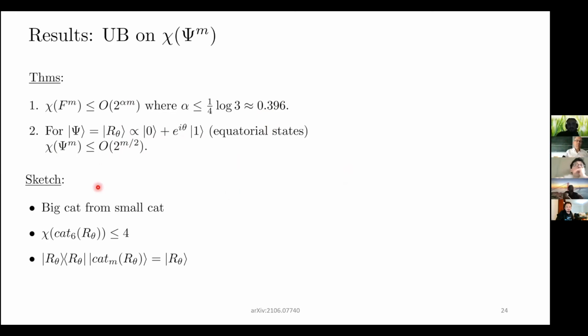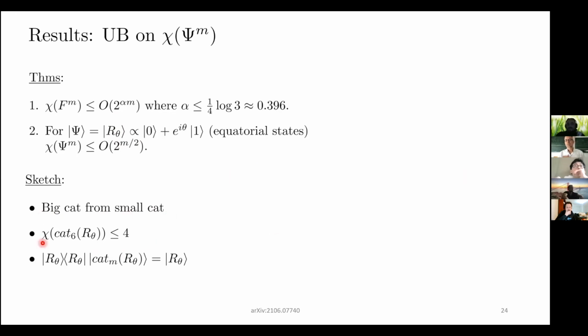The idea is somewhat similar, but with some important differences. We're doing a similar thing of making a big cat from small cats. So we again define a notion of a cat state for these equatorial states. Given some R theta, you multiply it by Z, you get its perp, and then we can construct cat states in a similar way.